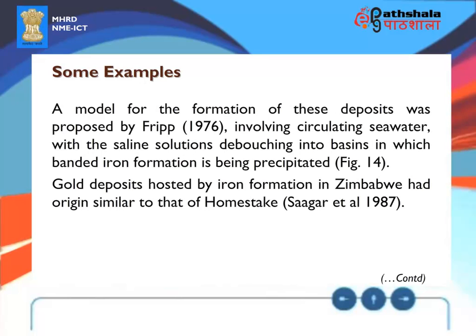A model for the formation of these deposits was proposed by Fripp 1976, involving circulating seawater with the saline solutions debouching into basins in which banded iron formation is being precipitated, figure 14. Gold deposits hosted by iron formation in Zimbabwe had origins similar to that of Homestake, Sagar et al. 1987.